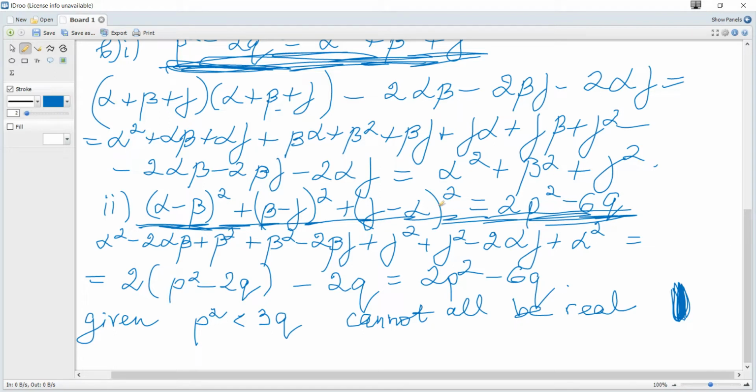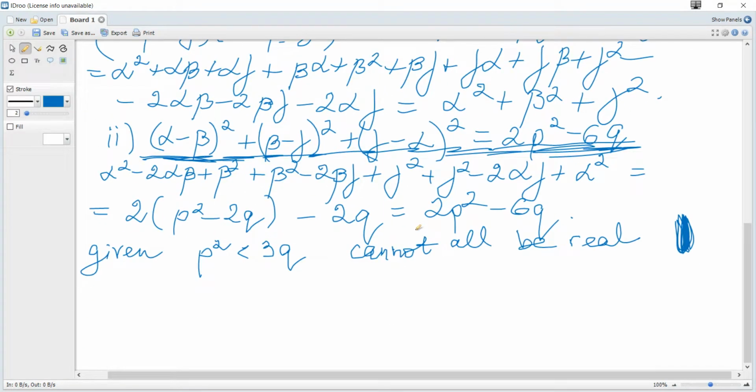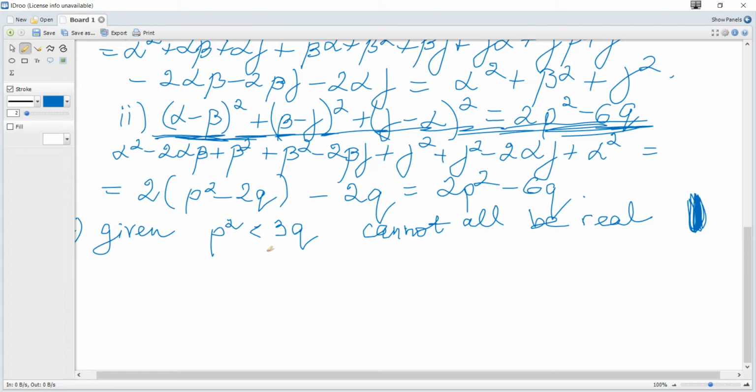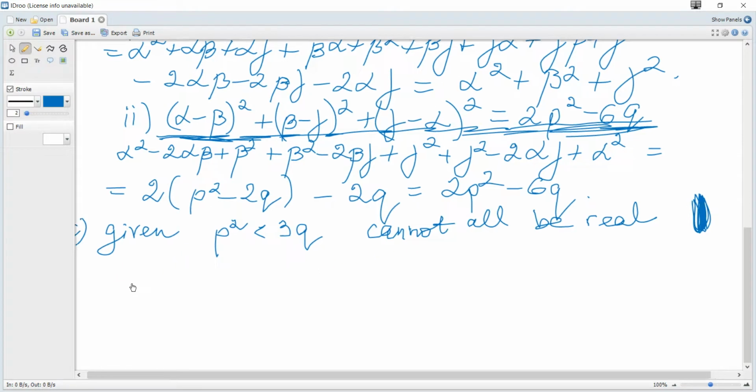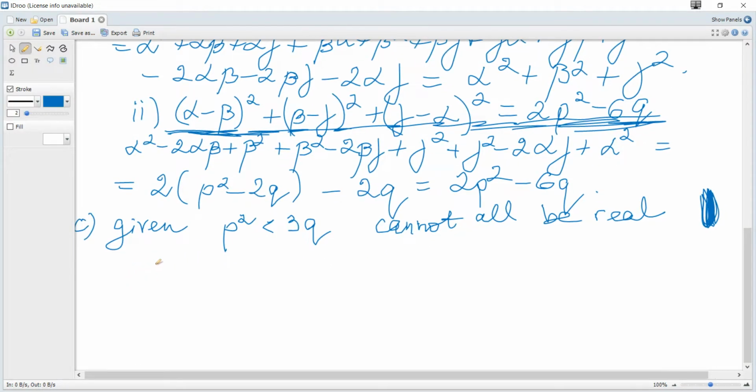It's just equivalent for a combination of roots, and if p squared is less than 3q, then p squared minus 3q is less than 0, hence 2p squared minus 6q is less than 0.